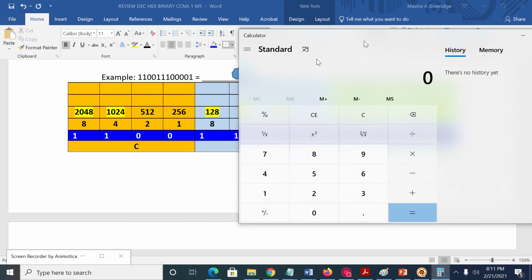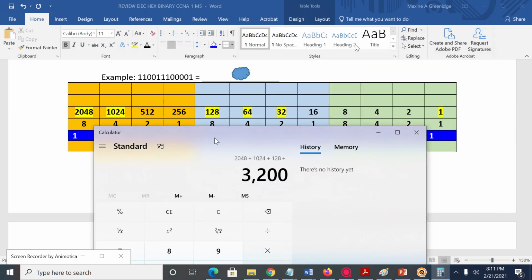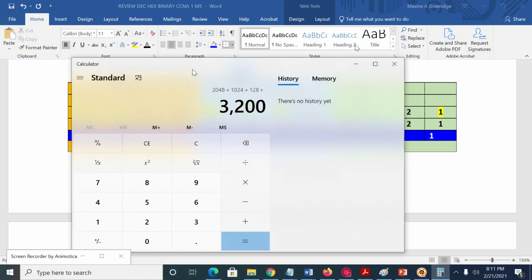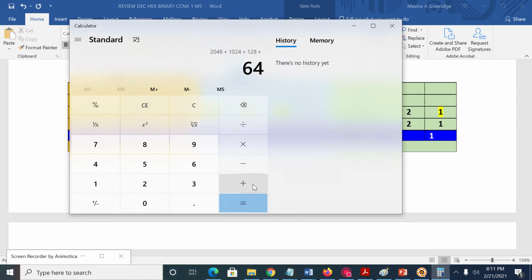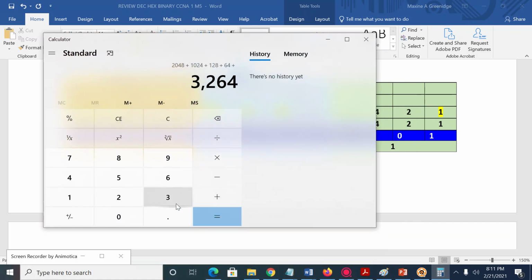All right, so what we have is 2048 plus 1024 plus 128. Let's see what we have. 64 plus 32 plus, and then we have this 1 down here.